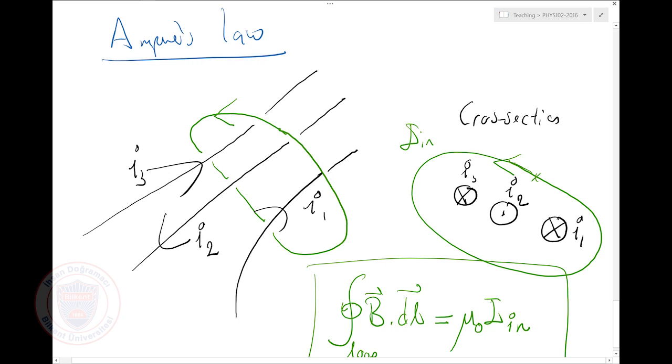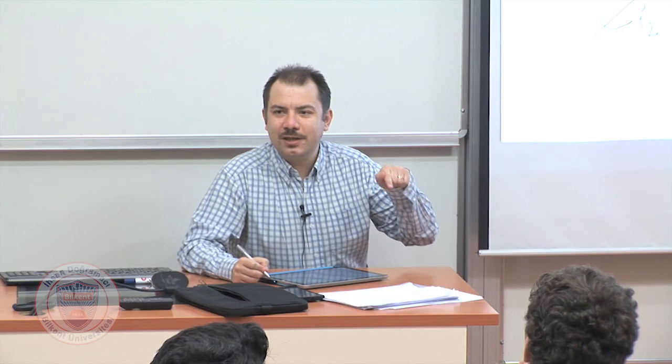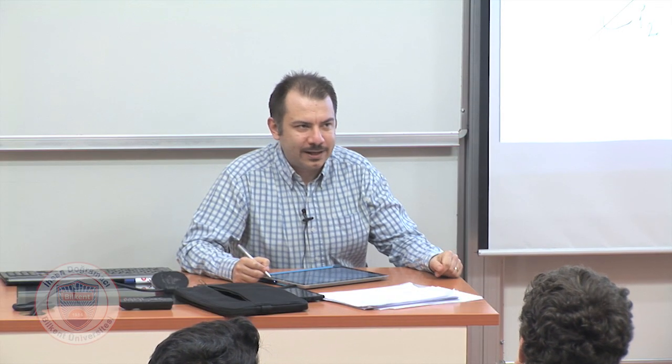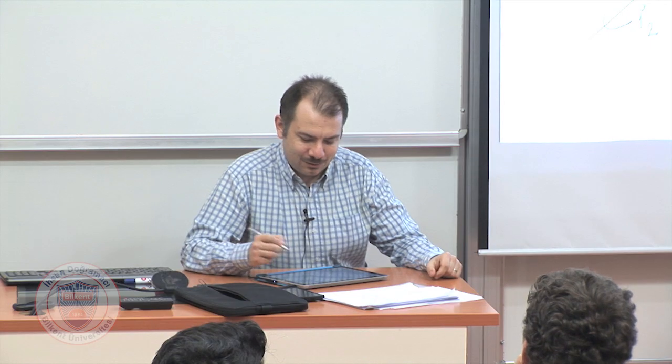If a current is coming out of the board, it's positive. If it's going into the board, it's negative. So what is I in this case? The sense of the loop, as I said, is coming out. So I in here for this loop, I2 is coming out, so it's positive. I1 and I3 are going in, so they are negative currents.